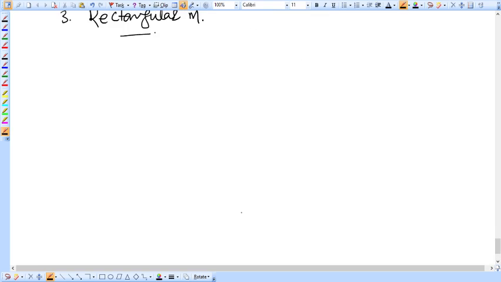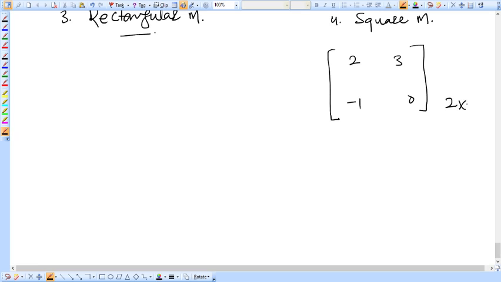Square matrix is a matrix in which the number of columns is equal to the number of rows. For example, this matrix has order 2 by 2.